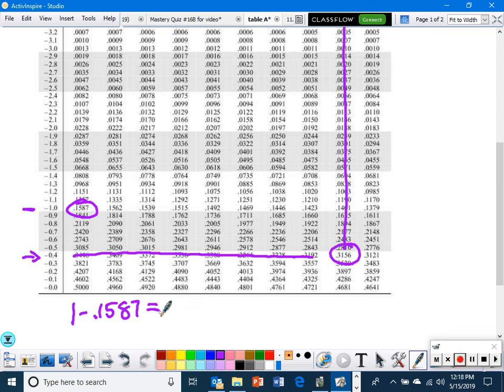It's not going to be exactly the same because of estimating and rounding, but this one you get 0.8413, which is the same as 84.1 or 84.13%. So either way is fine. You decide which way you prefer the best.